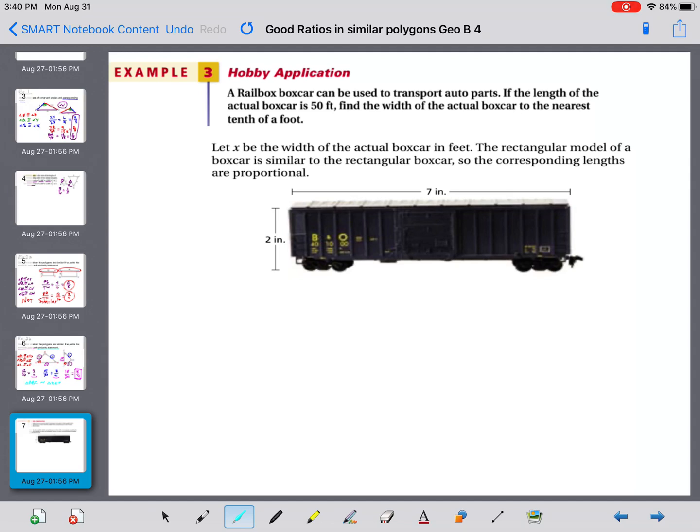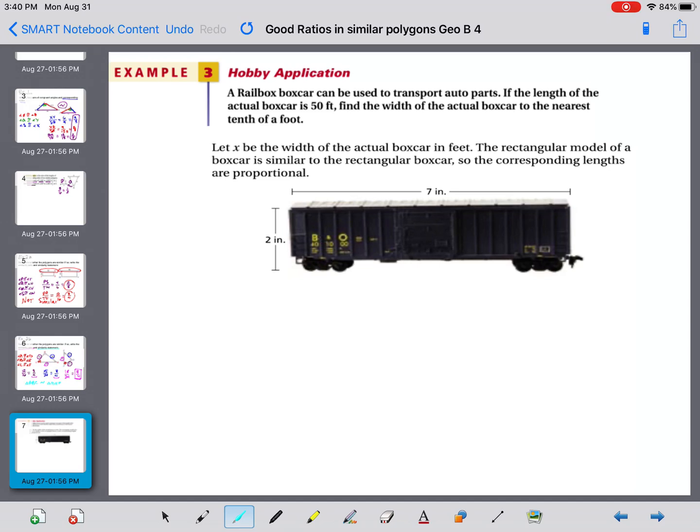Last example, it says a rail boxcar can be used to transport auto parts. If the length of the actual boxcar is 50 feet, find the width of the actual boxcar to the nearest tenth of a foot. Let x be the width of the actual boxcar in feet. The rectangular model of a boxcar is similar to the actual boxcar, so the corresponding lengths are proportional.